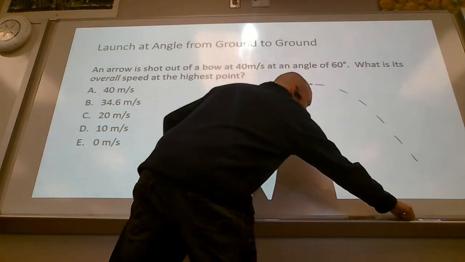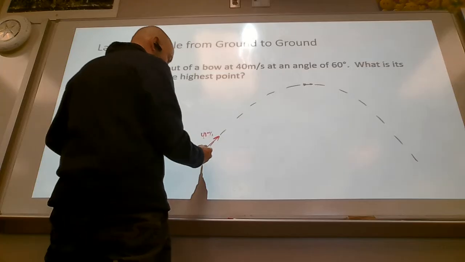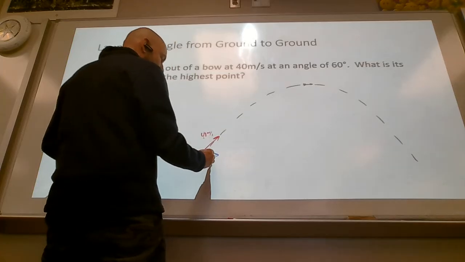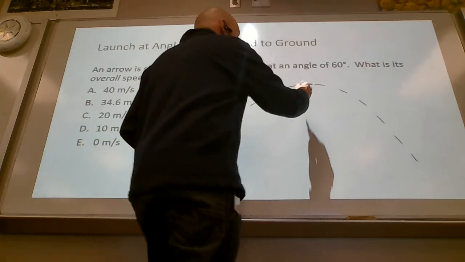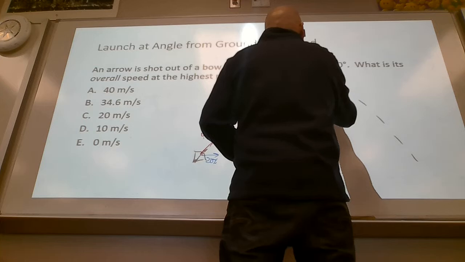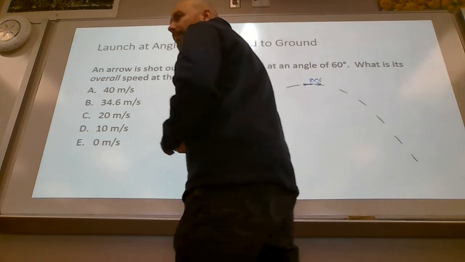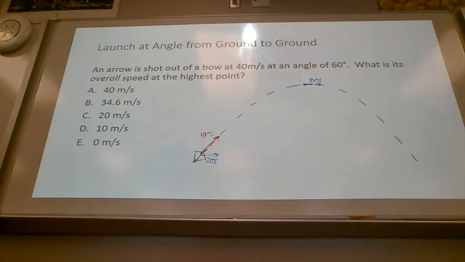You're doing the cosine, which is 20, and theirs is still 20 meters per second. How do you know to use cosine? You're looking for the horizontal component, adjacent side.